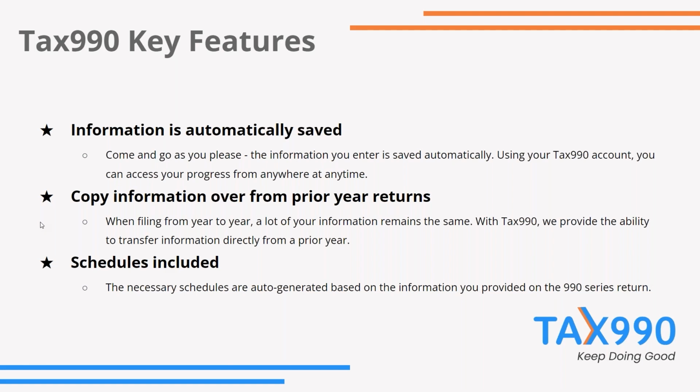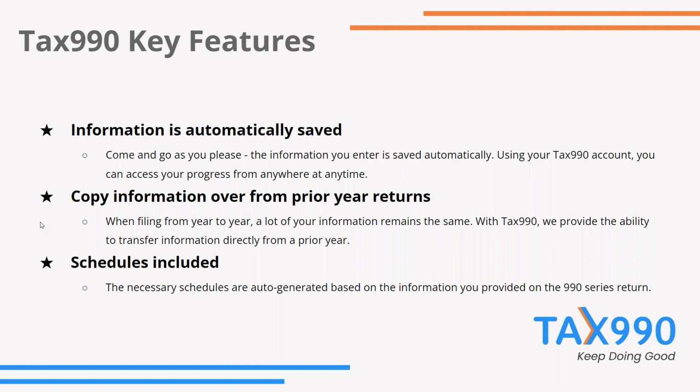We also understand that it's not always easy to know what additional information is required on a return. When you complete a return with Tax990, we help determine what schedules are required based on the information that's provided on the form. The schedules required will automatically generate for you to complete. And additionally, only the necessary parts of the schedule will appear, so you're not completing information that's not required.